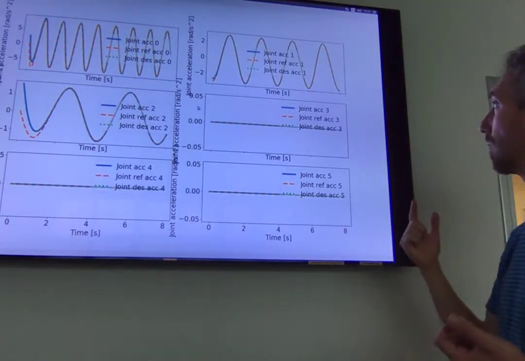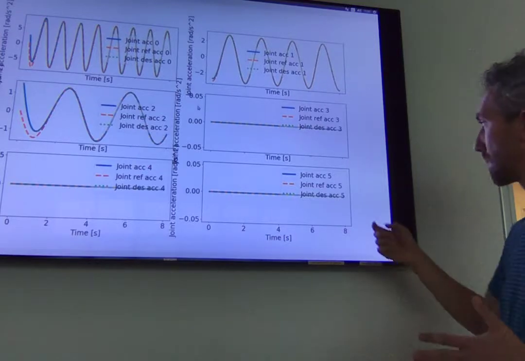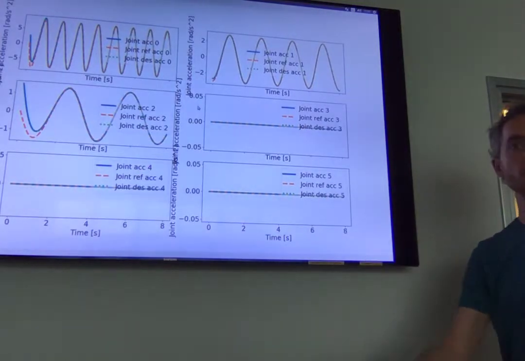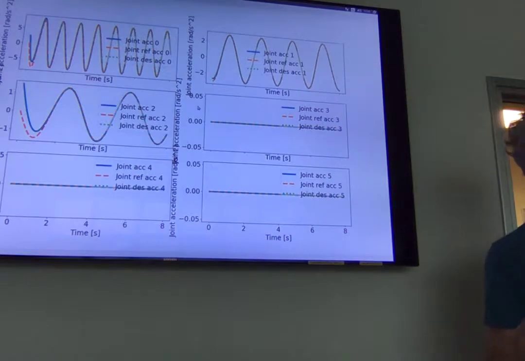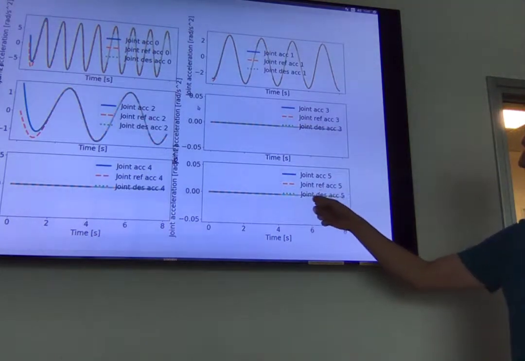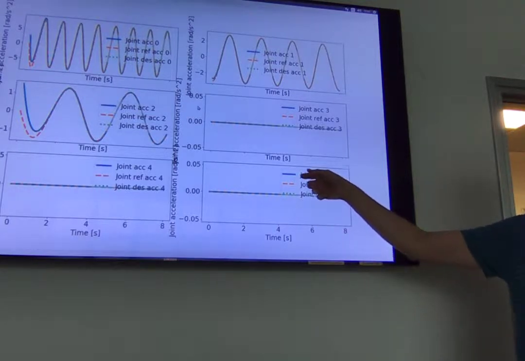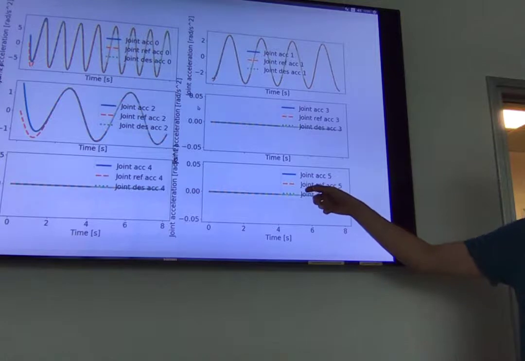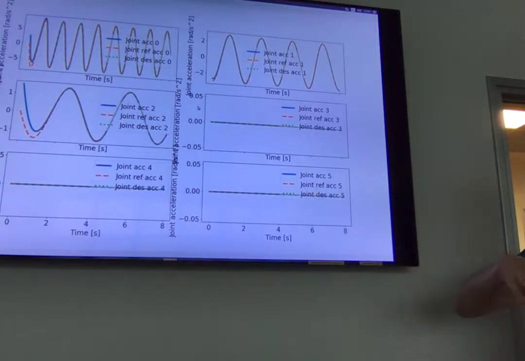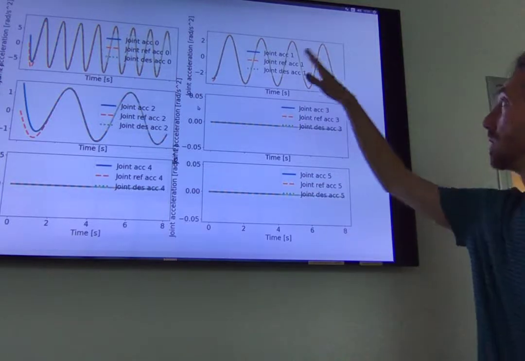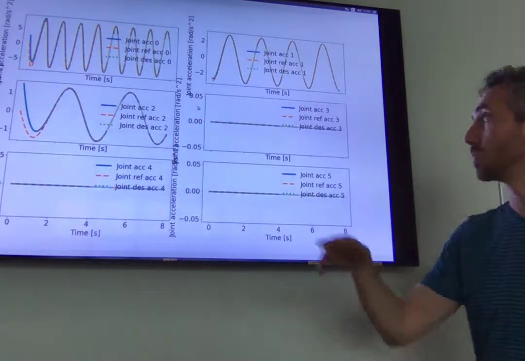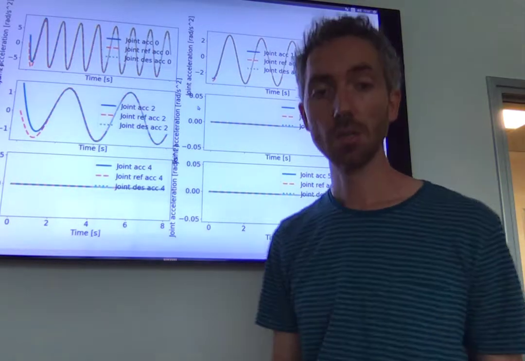So after convergence, we can expect that the PD feedback terms are going to be very small, and so the reference and the desired are going to be equal. And since you have converged, also the real is going to be equal to the reference. So at a certain point, the three of them should be all the same, which is what we get here.